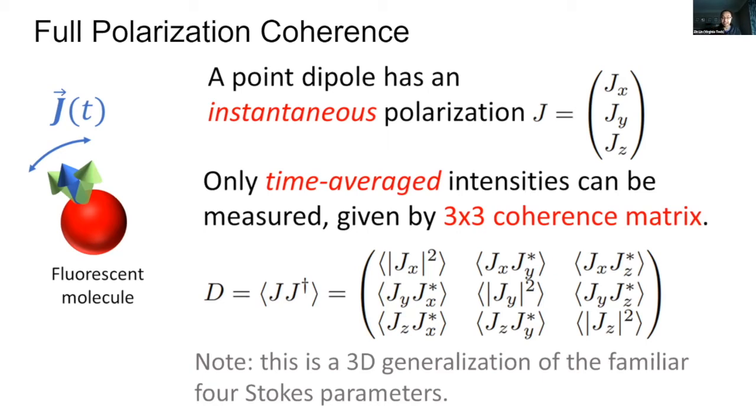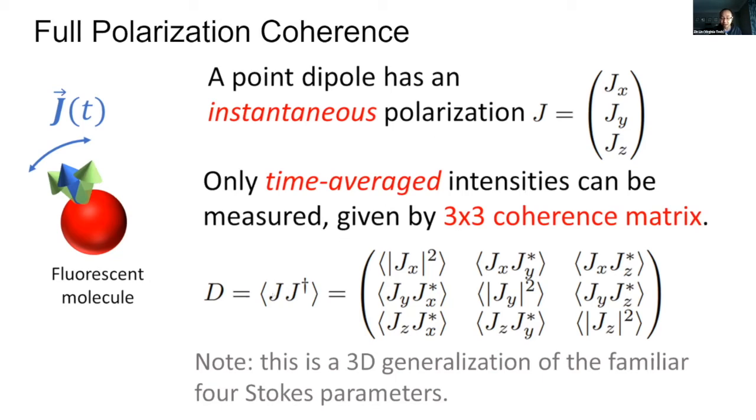For example, you have a fluorescent molecule, which has an instantaneous dipole moment that can be fluctuating. But with all kinds of sensors, what you can measure is only a time average of intensities. So what you really care about is the coherences of this polarization.